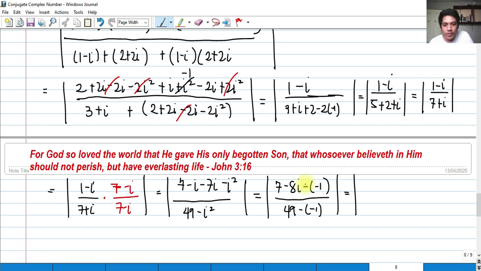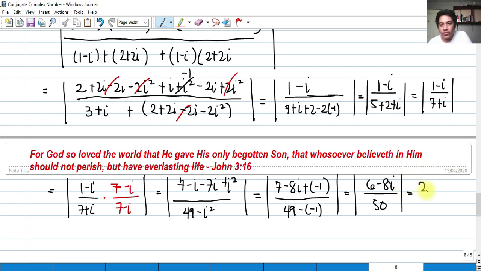Well, of course, this should be positive. My mistake. This should be positive because negative i times negative i would be positive i squared. So we have 7 minus 1, that should be 6 minus 8i all over 49 minus negative 1, we have 50.